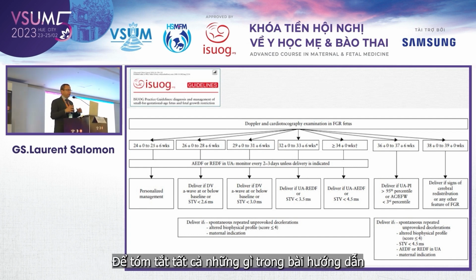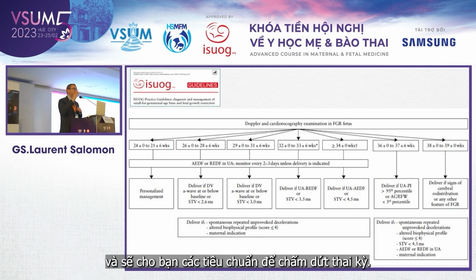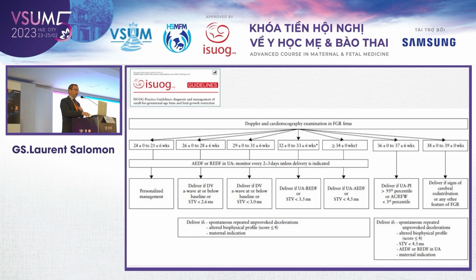So as a summary of all of that, you can find in the ISUOG guidelines this slide, which is a kind of sum up of all our guidelines about how to take care of growth restricted fetuses depending on the gestational age, and that will show you which trigger you should use to decide delivery.